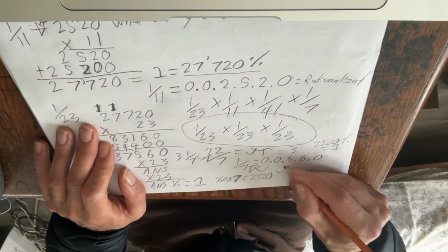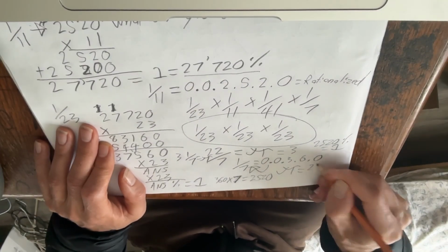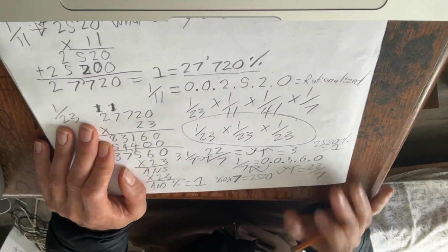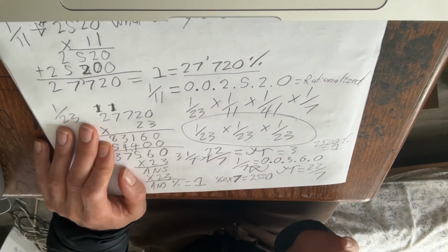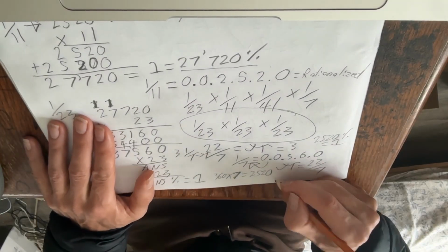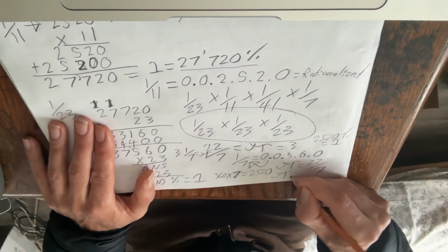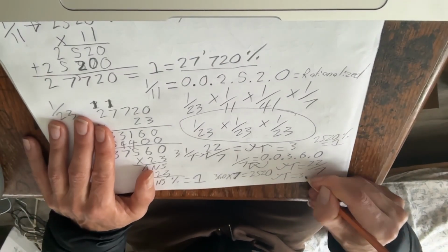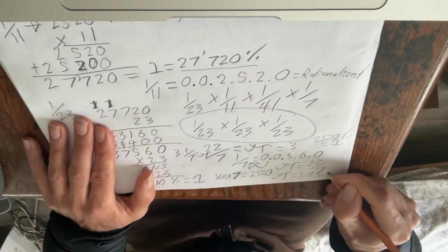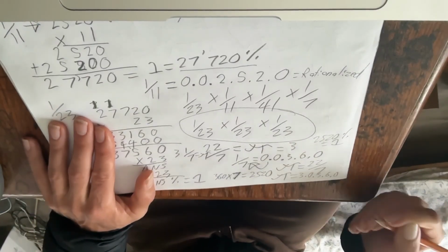Therefore, pi becomes 22 over 7. Again, that's not actually what pi is, but again, we're simply talking right now about rationalizing irrationals. Therefore, in that equation, pi would then equal 3 decimal 0 decimal 3 decimal 6 decimal 0.